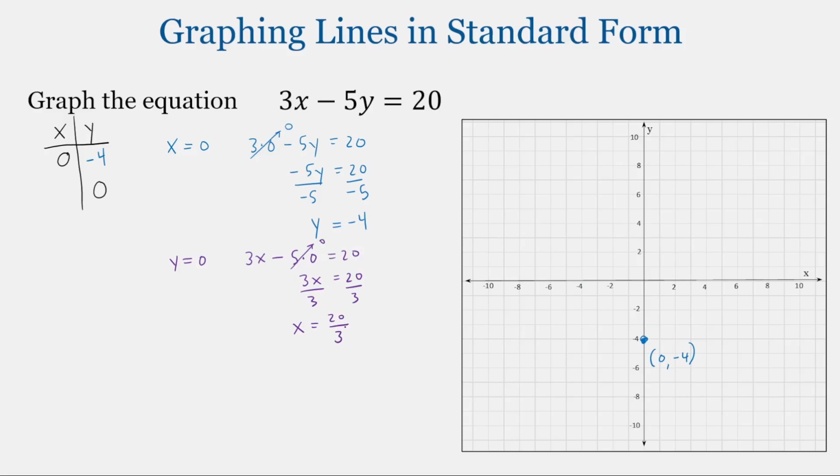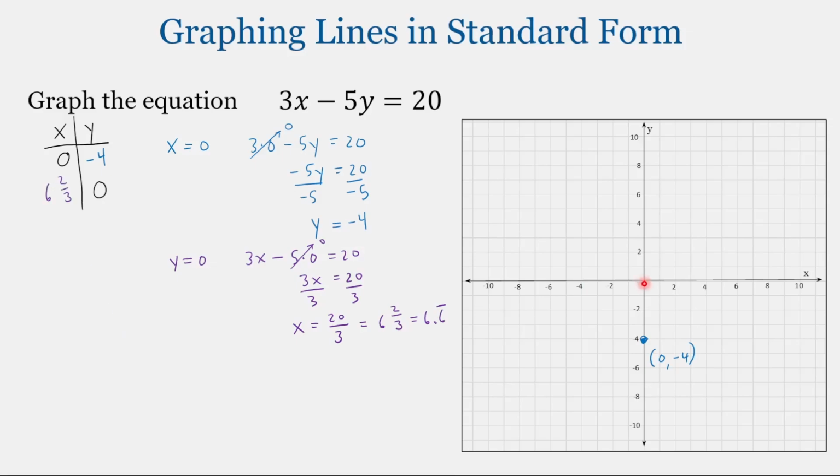This fraction does not simplify down any further. But we can write this as 6 2/3. Or if you want to write this in decimal form, this would be 6.6, and that 6 is going to continue on forever. So let's write this as 6 2/3 for our ordered pair.